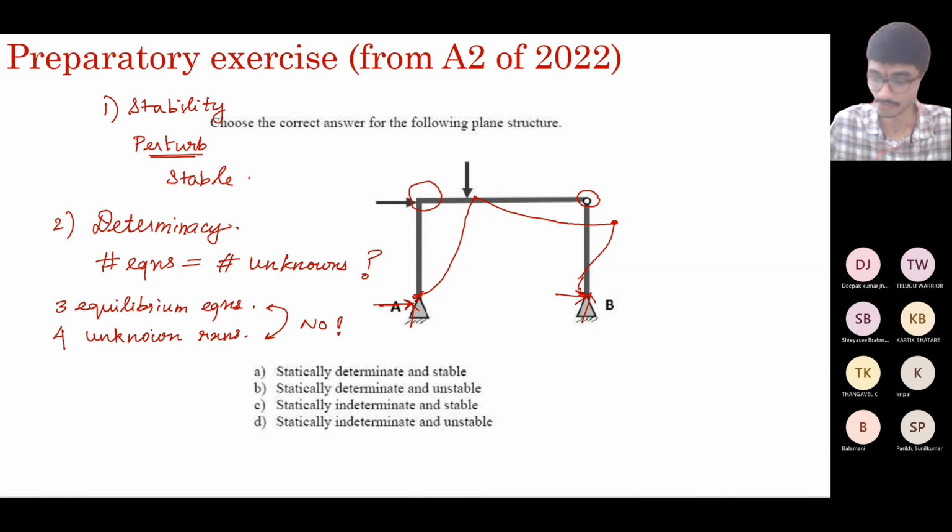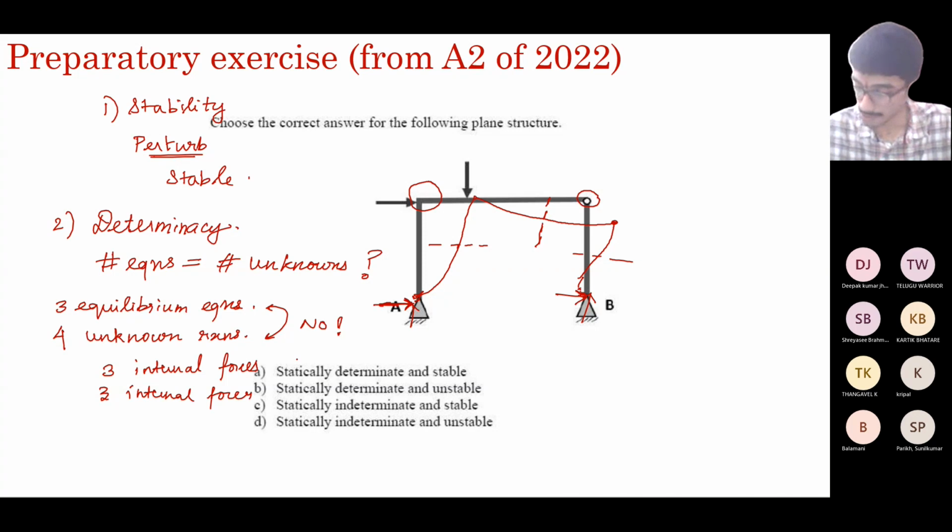The reason is, as I said, if you try to determine the internal forces, you can make a cut here, here, and here. This member has 3 internal forces. This section also has 3 internal forces. What are they?